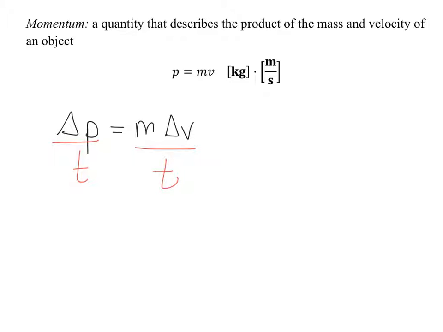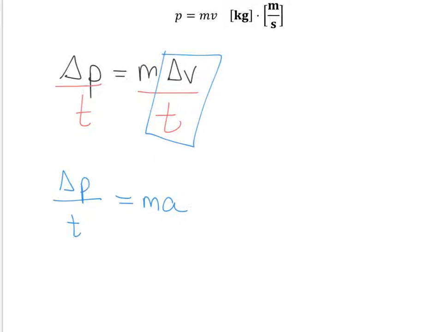Delta v over t is acceleration, because delta v is change in velocity. The change in velocity with respect to time is always your acceleration. So we could write that delta p over t equals mass times acceleration. But what's mass times acceleration? Think back a couple of chapters ago. Force? Yeah, very good, because F equals ma. So we can replace that with net force, or force.